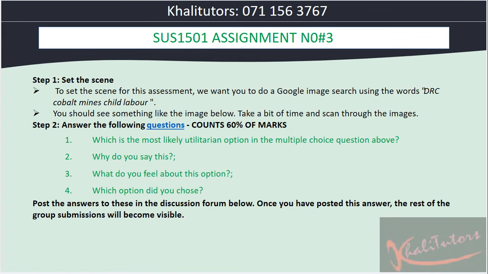Okay, then step number 2. This step counts 60% towards your assignment final mark. In this case, you have to answer all the questions that are asked there. The first question asks you, which is the most likely utilitarian option in the multiple choice questions above? I think we've just answered that one.